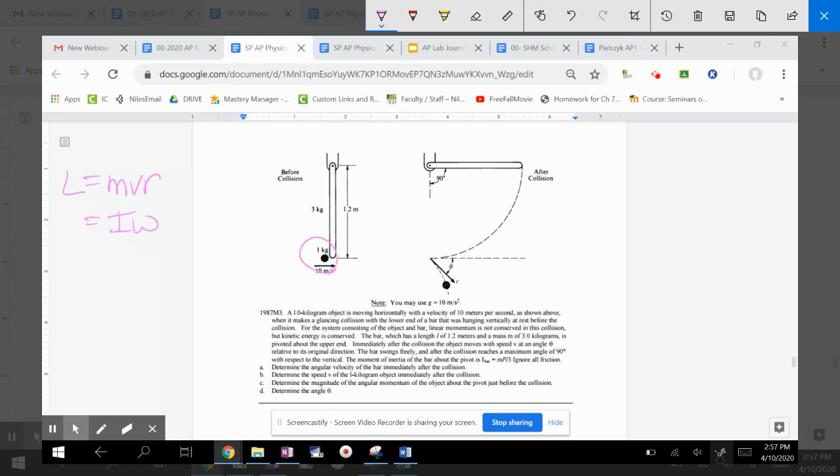If I'm talking about this object, I'm going to use mvr because I'm not really concerned about the moment of inertia and the angular speed, especially because this is before the collision. So that's 1 kilogram times the 10 meters per second times the R, which is 1.2 meters. It's easy mental math. I get 12 kilograms meters squared.